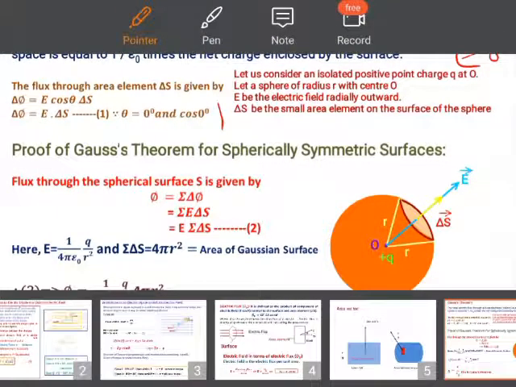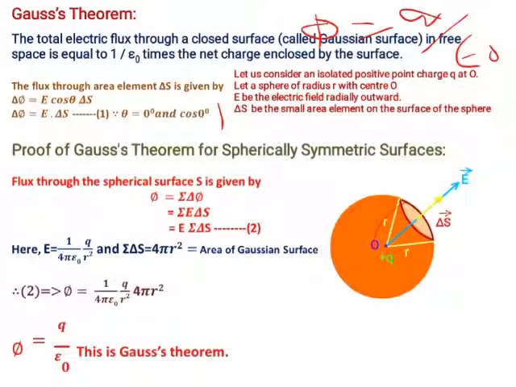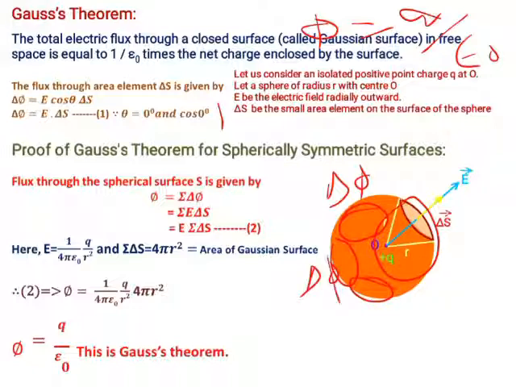Because delta phi is restricted only to this surface. Suppose I consider one more surface here, one more here, one more here, is it not delta phi at this point? So we have to add all these delta phi's. That is the reason for the summation of delta phi.